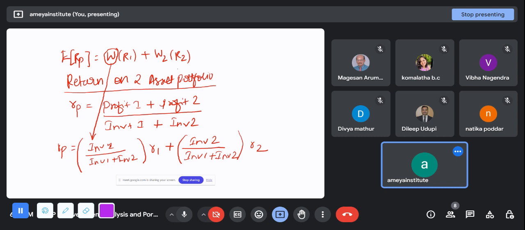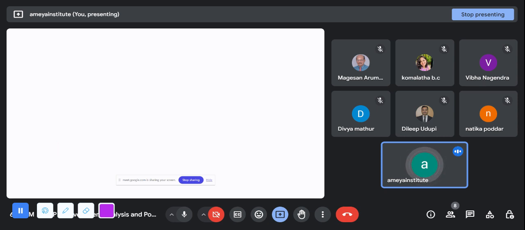So how do we get the second asset's weight? It is the investment of the second asset divided by the investment of 1 plus the investment of 2, times the return R2. R2 is the return of the second asset and R1 is the return of the first asset. This is how we decomposed this formula. Now further, we can also write the same formula.